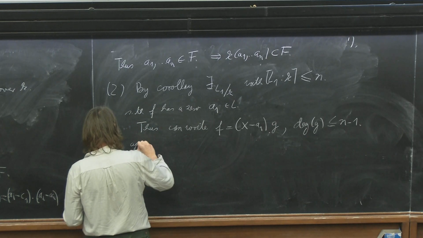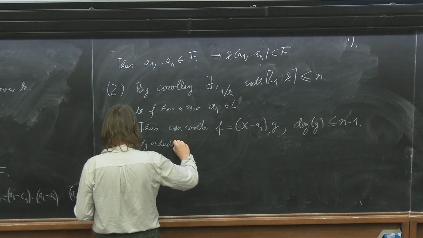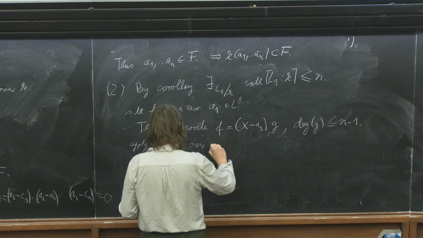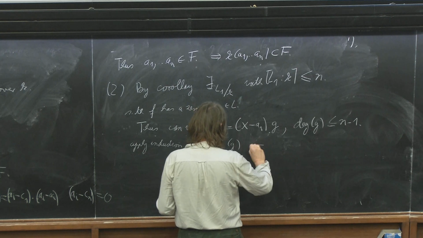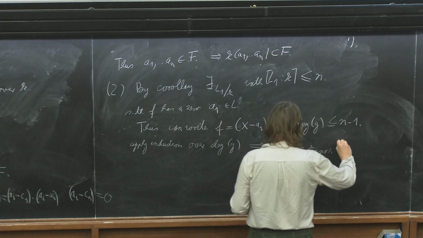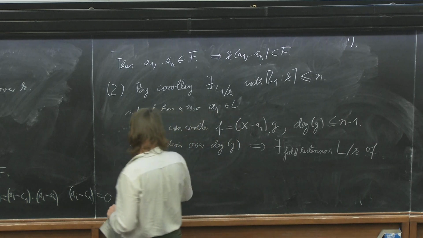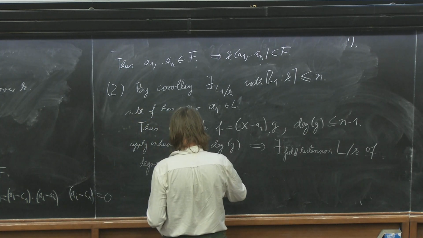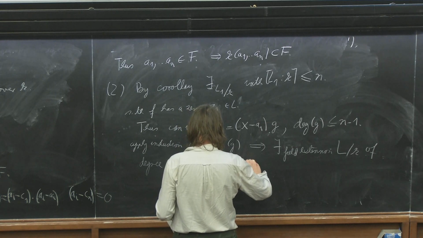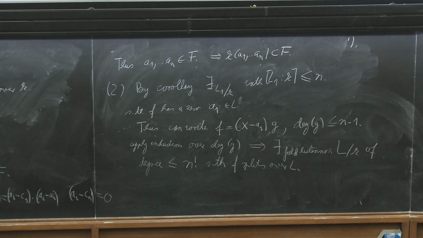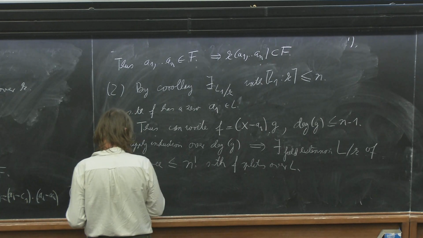By induction, it follows that there exists a field extension L over K of degree smaller equal to n factorial, such that f splits over L. And now we know that a subfield of that will be the splitting field, so the degree of that will be smaller or equal.